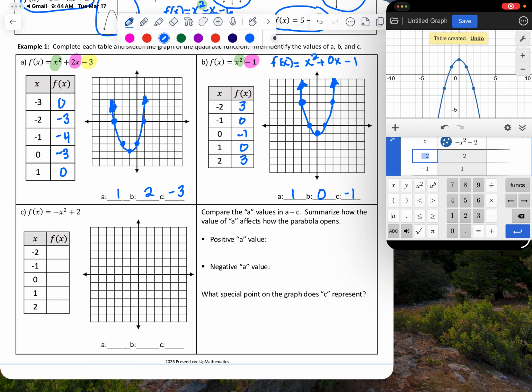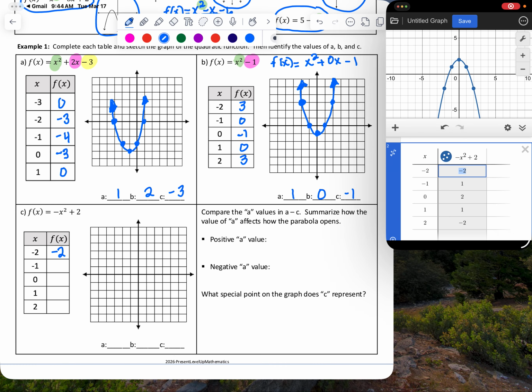Make a table. So when x is negative 2, the y value is negative 2. When x is negative 1, the y value is positive 1. When x is 0, the y value is 2. When x is 1, the y value is 1. And when x is 2, the y value is negative 2.